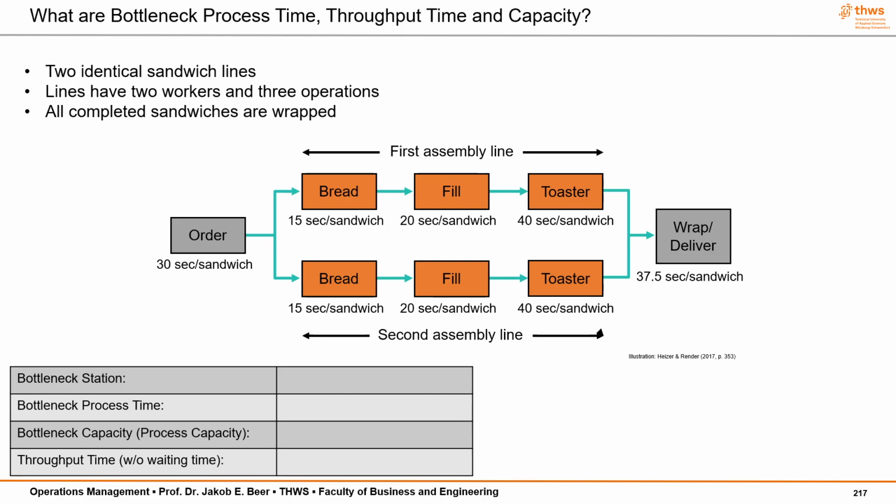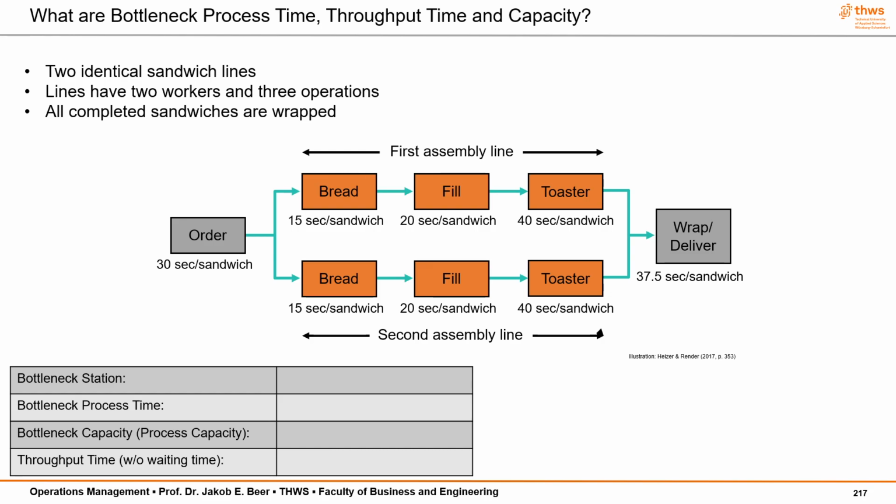Now, the throughput time for the entire process, well, that's the sum of all the individual process times of one assembly line, because any sandwich only goes through one assembly line. So we've got 30 seconds for order, 15 seconds for slicing the bread, 20 seconds for filling the bread, 40 seconds for toasting the sandwich, and then we've got 37.5 seconds.